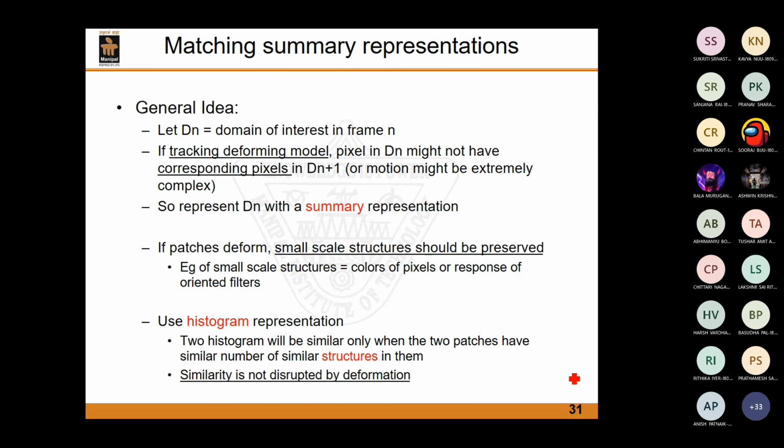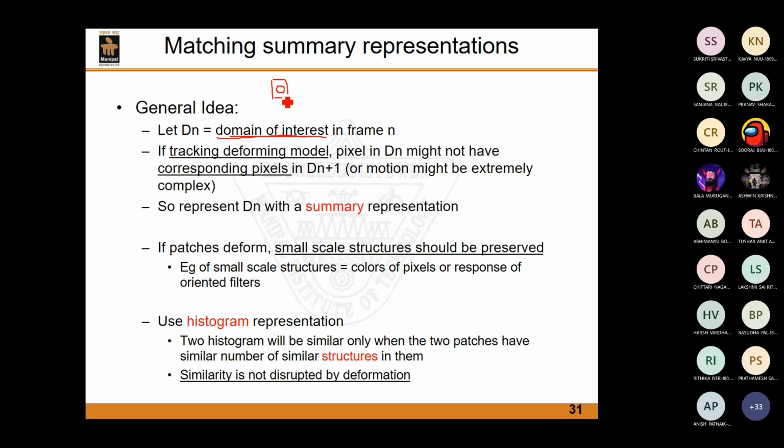Here we'll see a step-by-step procedure of how tracking using the summary matching works. In the first frame, we identify a domain of interest. As we saw in the previous picture, a domain of interest is a particular neighborhood taken around the object of interest.